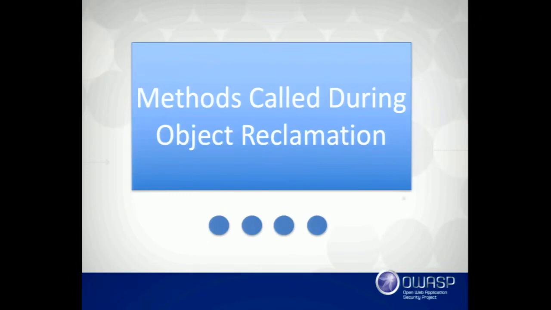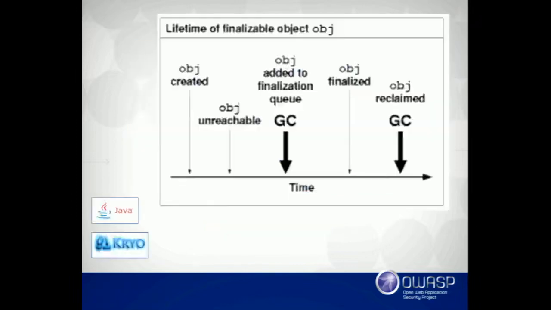Okay, so let's talk about the last way deserializers call code in your objects. And this is during reclamation or garbage collection. So for Java and Cryo, when you create an object, you're calling either a superclass's constructor or, in the case of Cryo, the object's constructor itself.